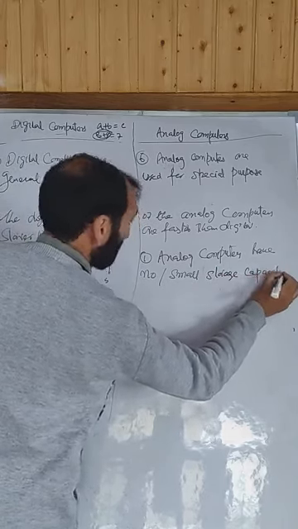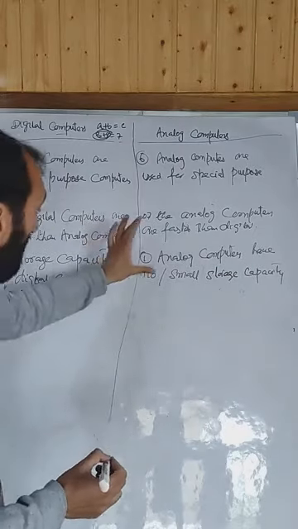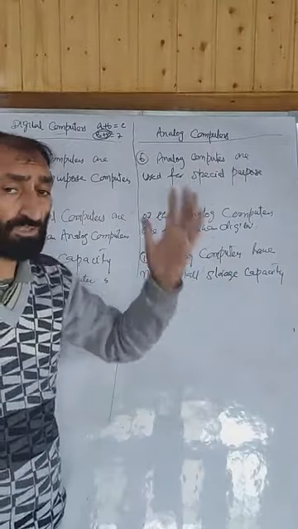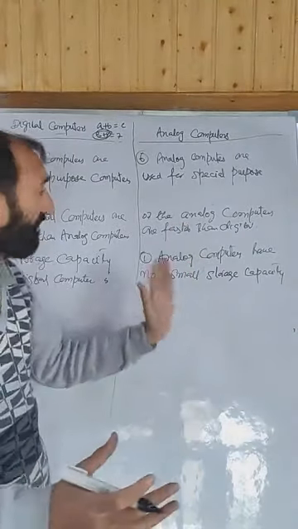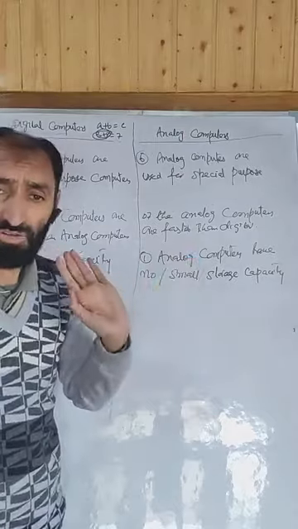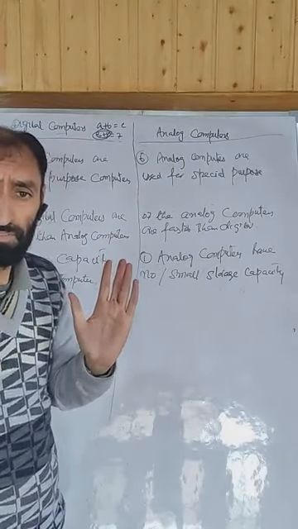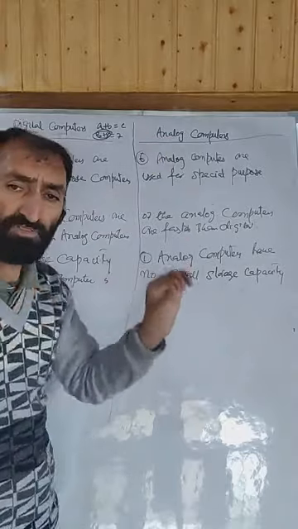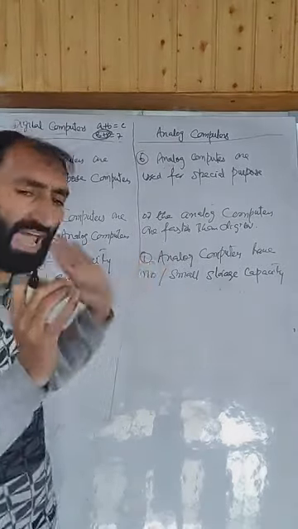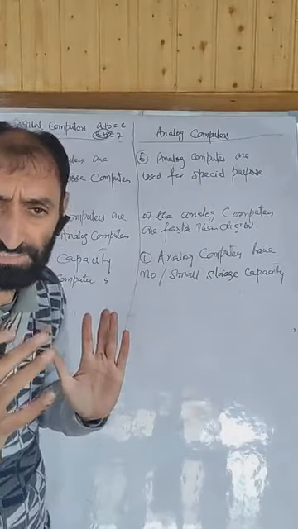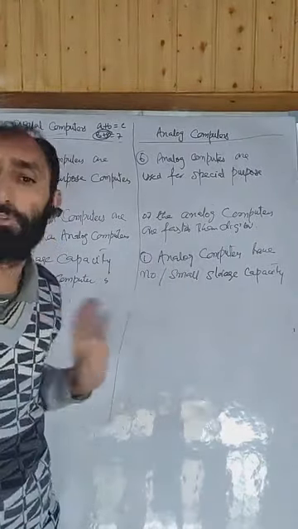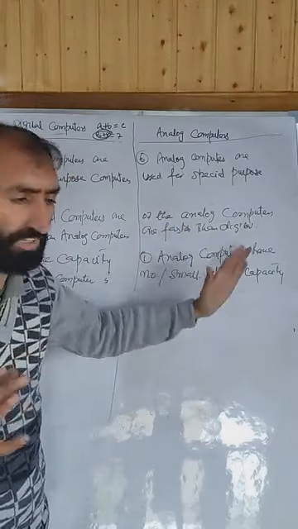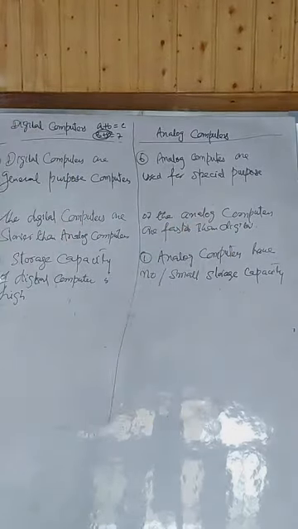So far as storage capacity is concerned, the digital computers can store a large amount of data, whereas the analog computers have no or small. Some analog computers are without storing capacity, while some have but a small storing capacity. They can store a limited amount of data. Okay, this is one more difference between analog and digital computers.